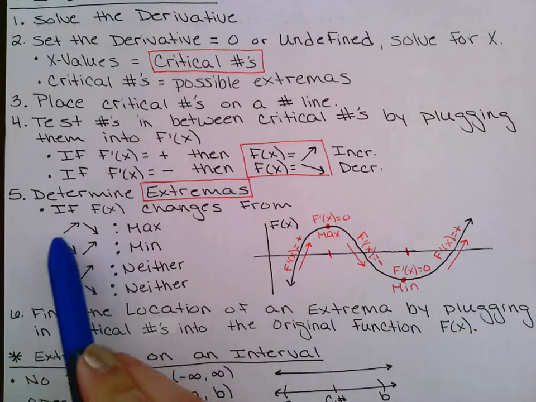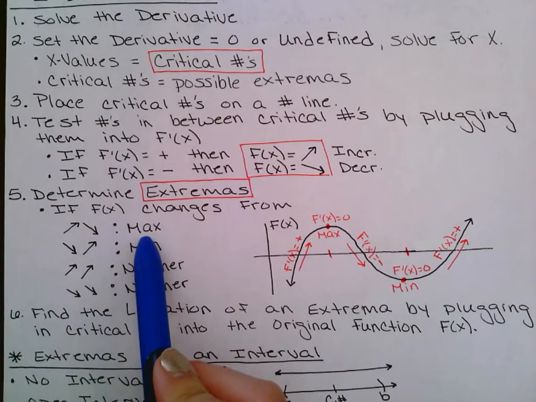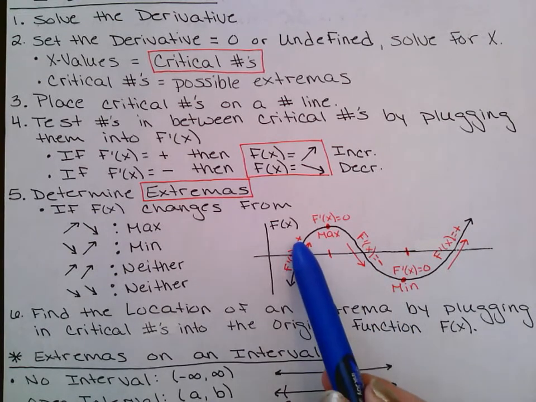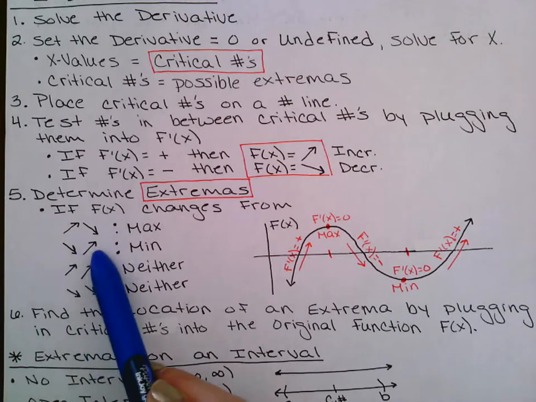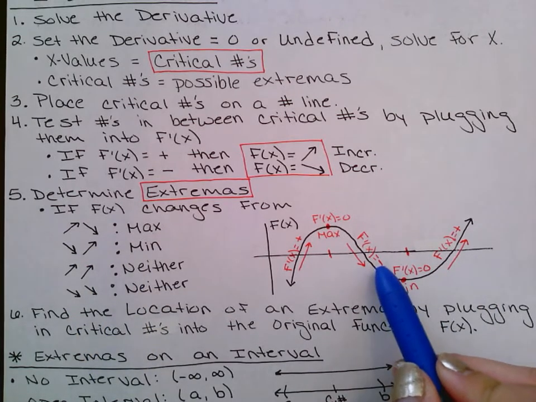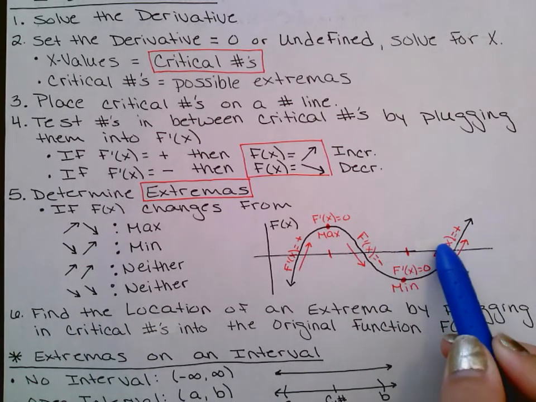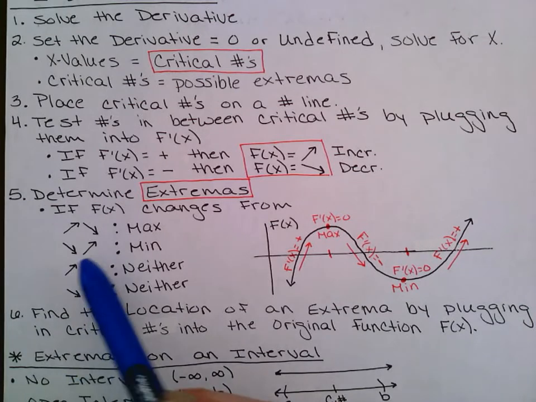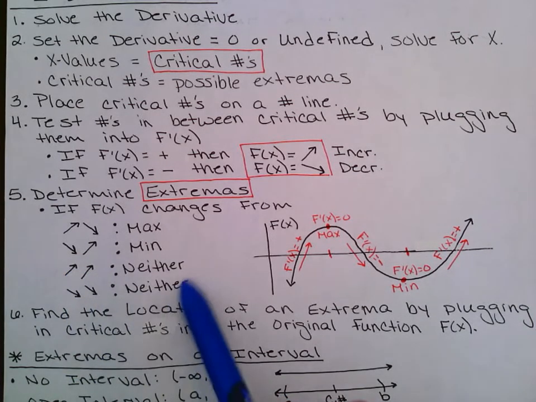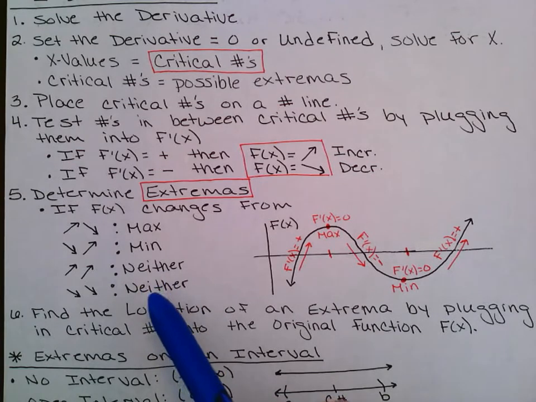Okay, so increase to decrease is a max, which means you would have gone from positive to negative on the first derivative. And then decreasing to increasing is a min, which means I would have gone from negative to positive on that first derivative. If you test the in-betweens and you do not see a switch in increase and decrease, like if it stayed increasing, increasing, or decreasing, decreasing, then you have neither a min or a max at that point, okay?